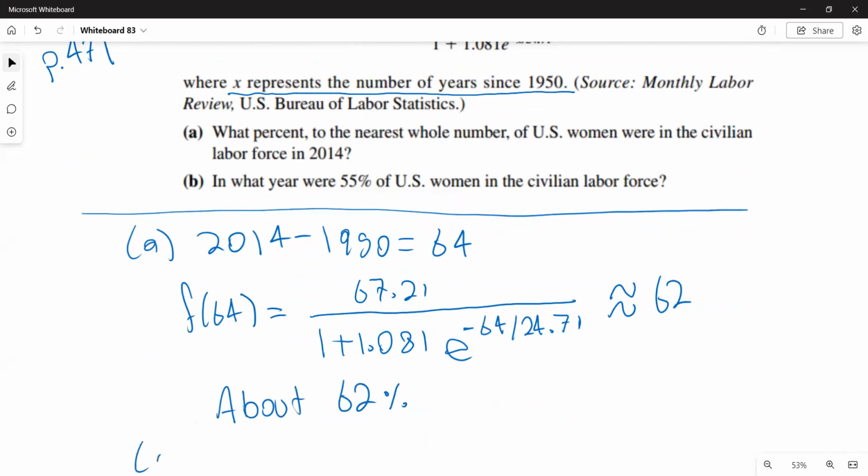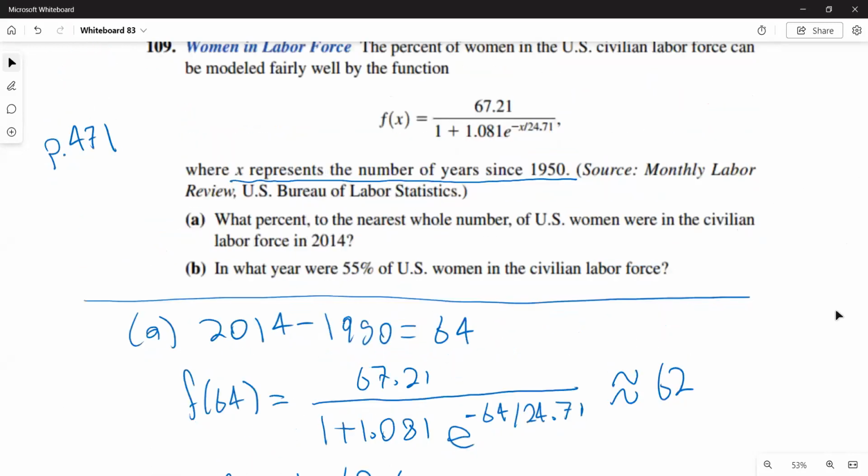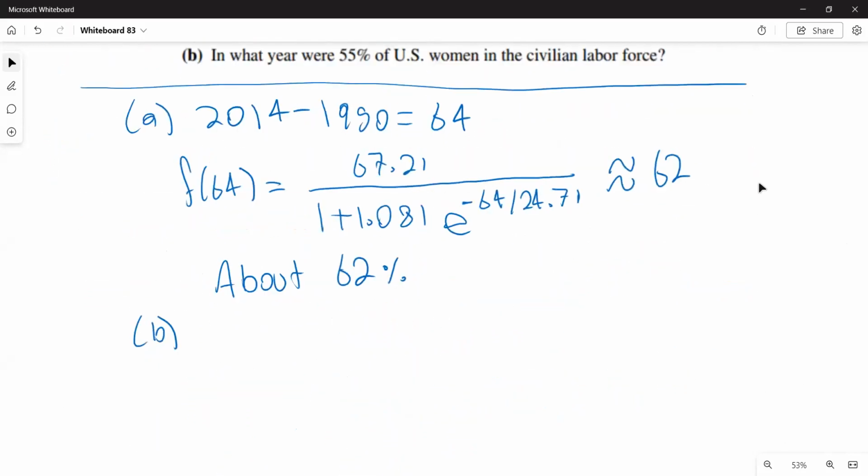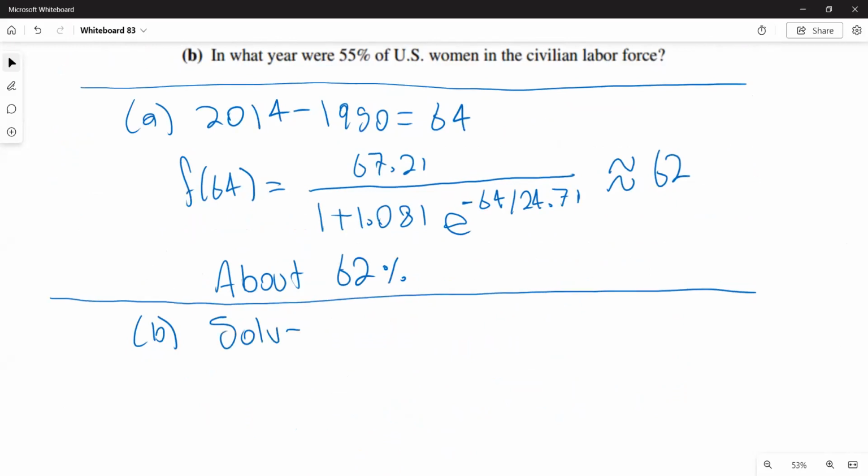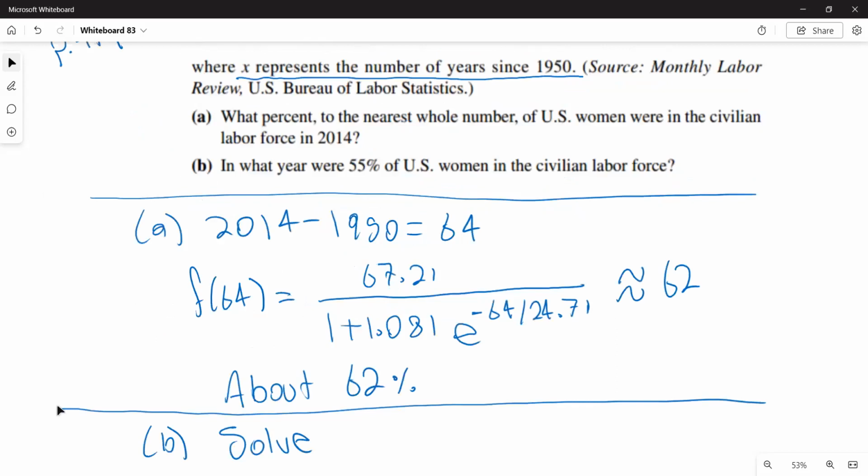And B, in what year were 55% of US women in the civilian labor force? So we're going to make the right-hand side of the function equal to 55. We need to solve for x.